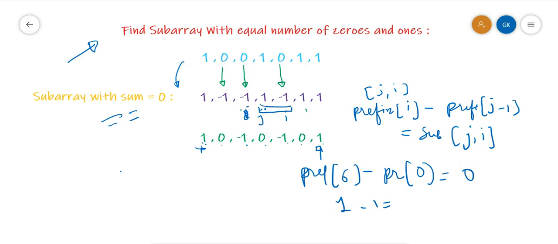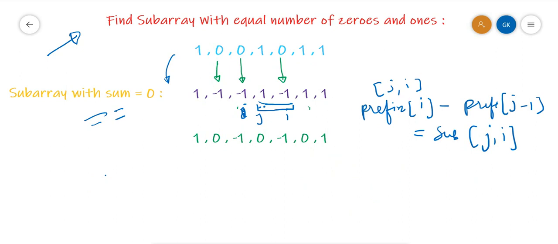That means there exists a subarray from j to I in the original array which is having sum 0. From this to this the sum will be 0. So our first condition is, if we get a repeated element in the prefix sum, there exists a subarray from j to I which is having sum 0.